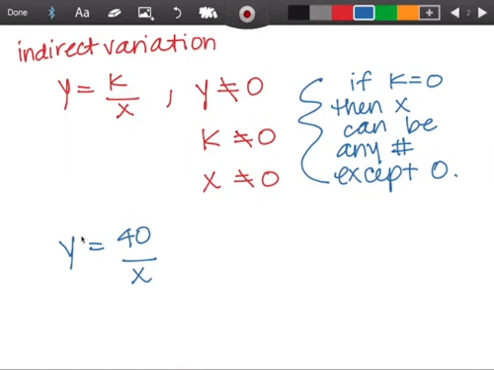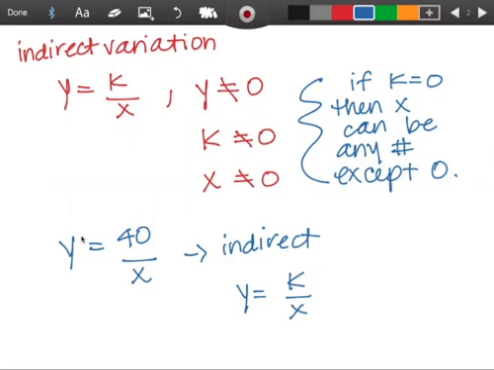I will ask you, is this a direct variation or an indirect variation? You would say that this is indirect because it's in the form y equals k over x.